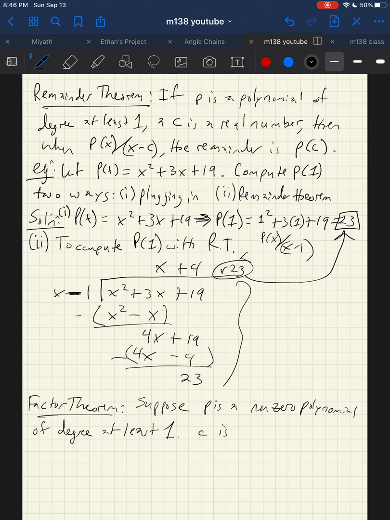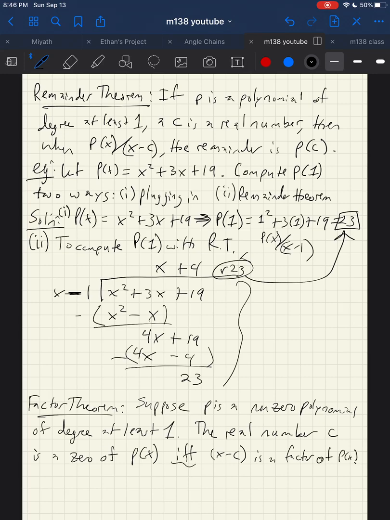Then the real number C is a 0 of P of x if and only if x minus C is a factor of P of x.